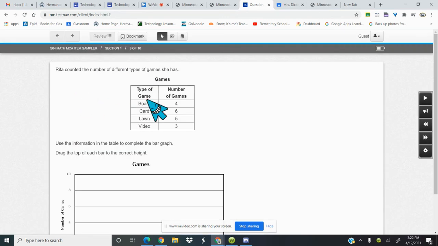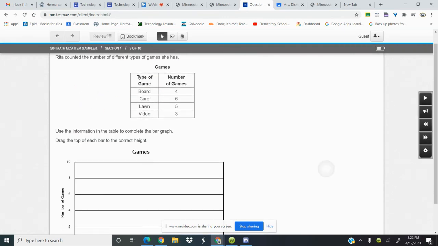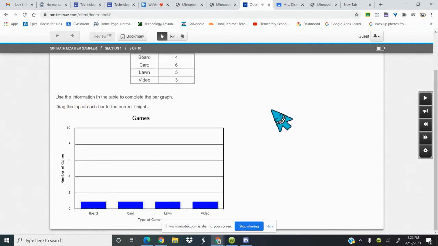And then here we have an interactive math problem. And let's just listen to it here quick. All right, so here we go. So we have a graph.